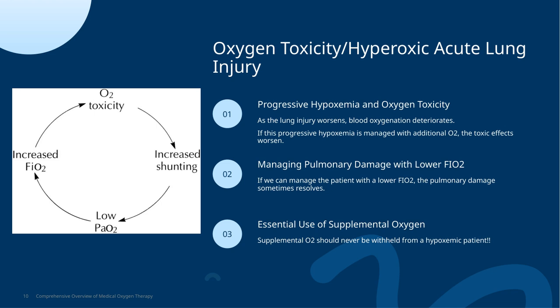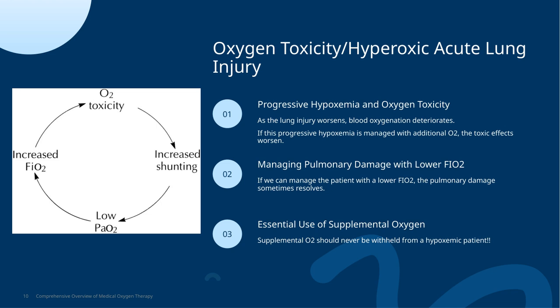However, while oxygen is life-saving, administering it at high levels for prolonged periods can cause damage to the lungs. If we can manage a patient's oxygen needs with a lower FiO2, sometimes the lung injury can actually improve or resolve. This highlights the importance of carefully titrating oxygen to the minimum effective dose.